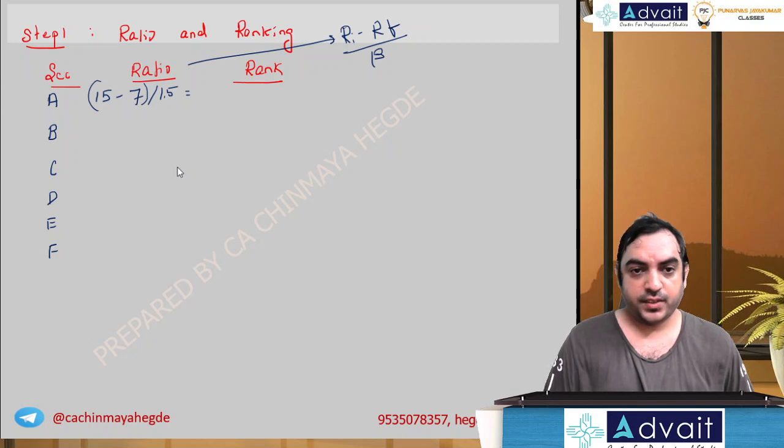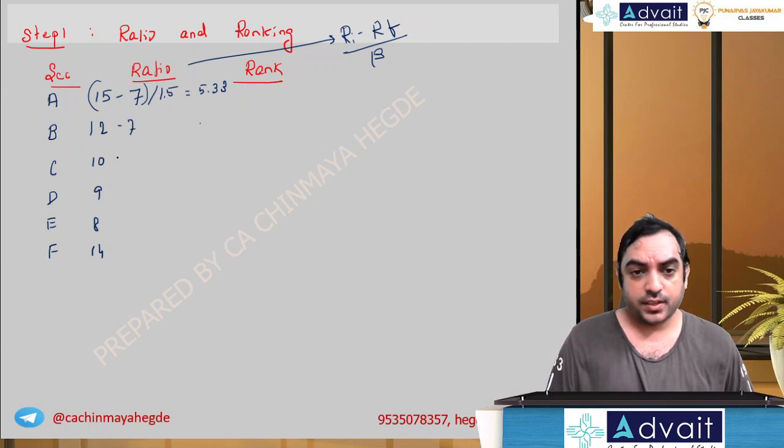So 15 minus 7 by 1.5, 5.33. Similarly, next, I'll write slightly faster. 12, 10, 9, 8, 14.